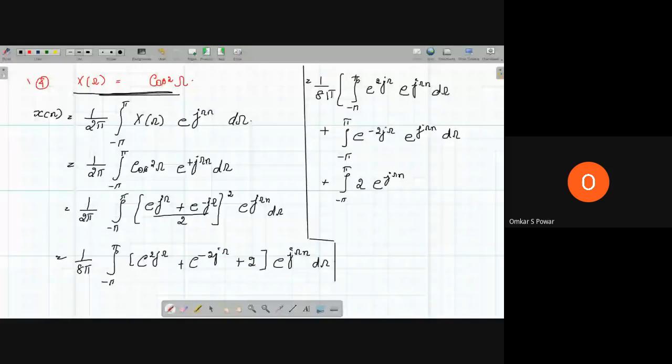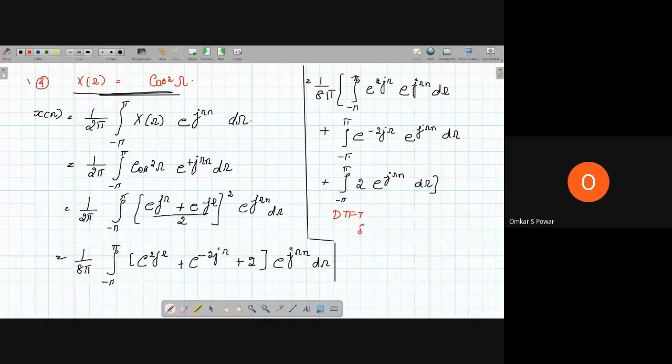Either you can integrate this using integral of u dv, otherwise you can use the properties. Which property am I going to use? It's the DTFT thing, again the previous method only. DTFT of delta of n is 1.